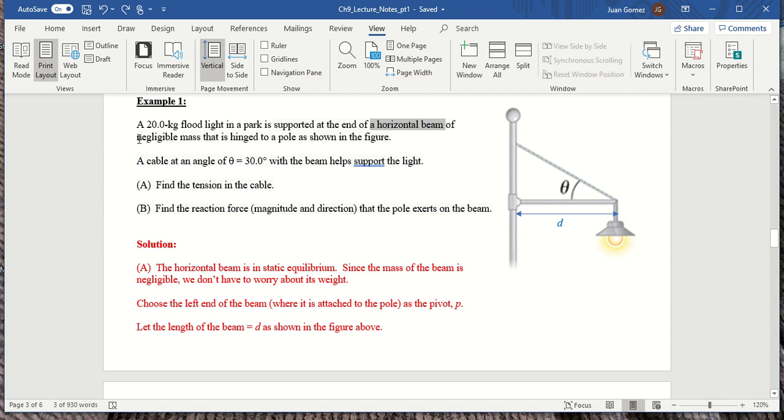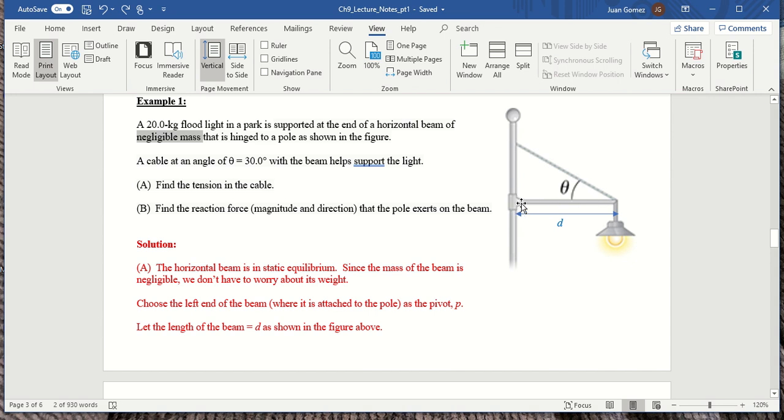In this particular problem, we're ignoring the mass of this support beam, the beam that attaches the floodlight to the light pole. That's not always the case, but it's maybe some real sturdy, lightweight plastic. So we're going to ignore the mass of the support beam. The beam is affixed to the light pole right here.